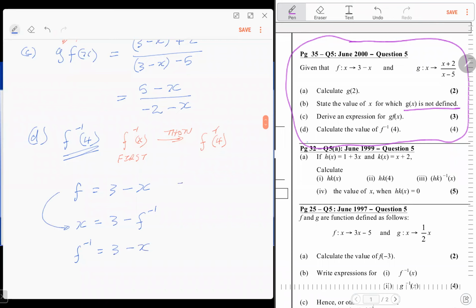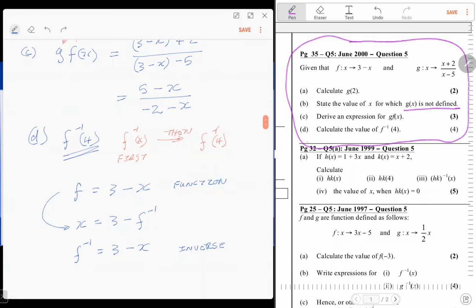So this up here is a function, and this down here is the inverse. And the two of them basically have the same expression, 3 minus x, 3 minus x. You might wonder, how is that possible?